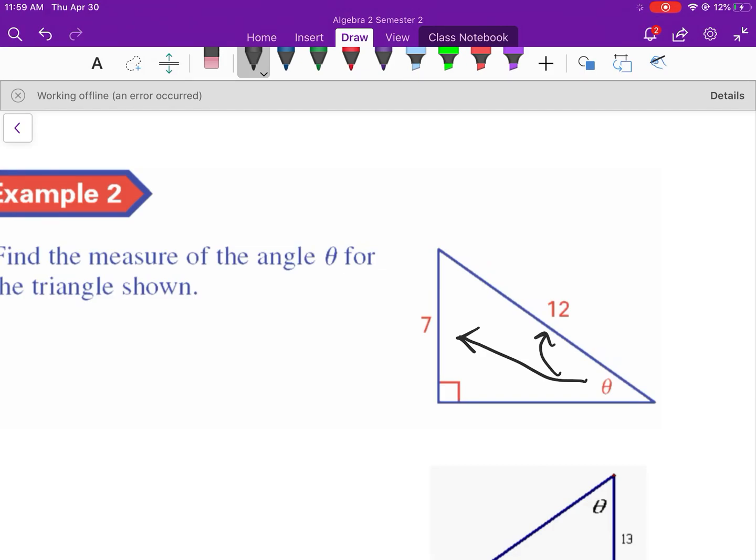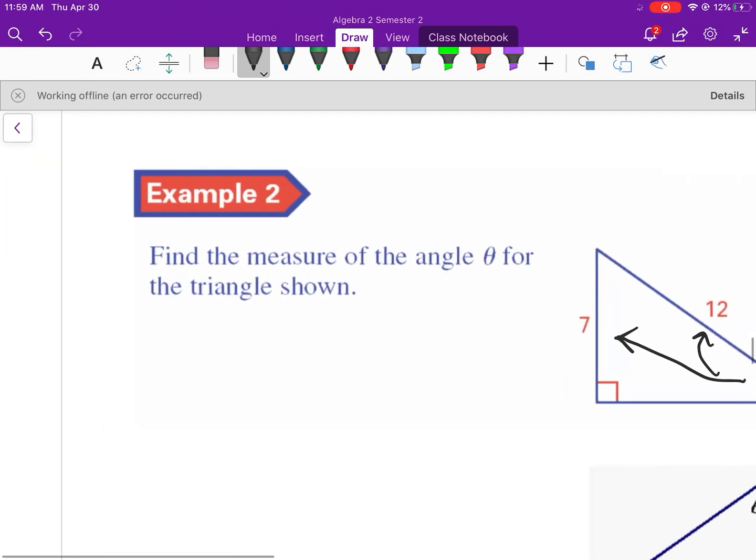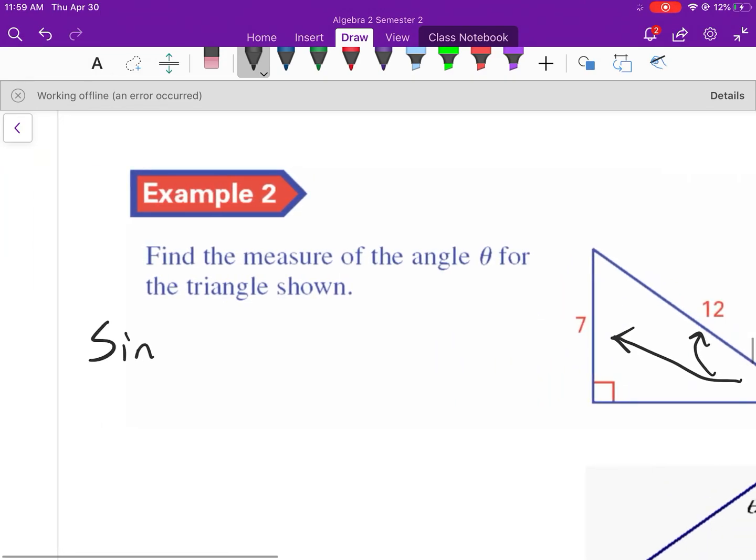So the trig function that we're going to use for that is sine. So I'm thinking sine of theta, we don't know what theta is, equals 7 over 12. So now the question is, how am I going to figure out theta?